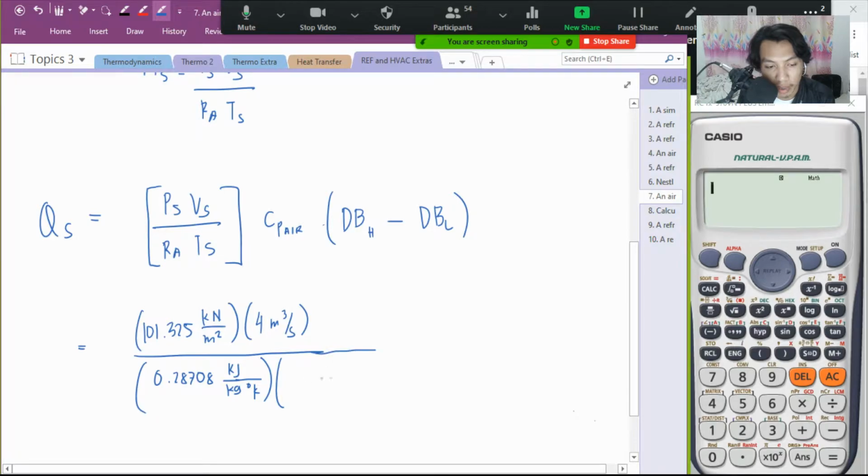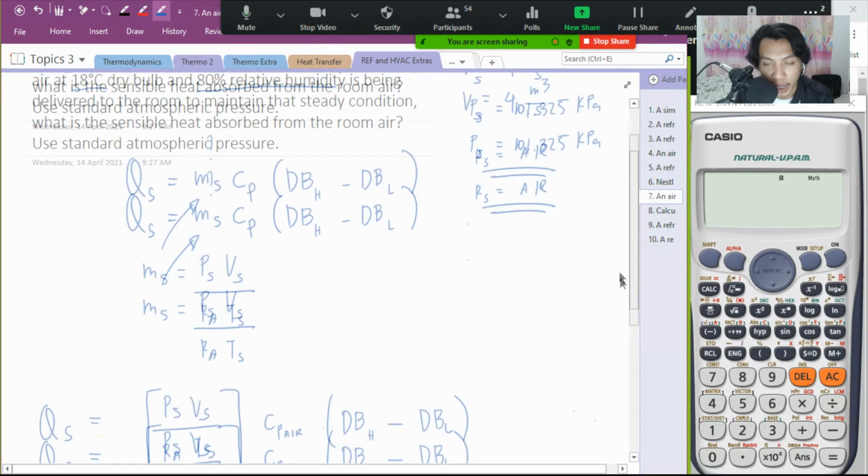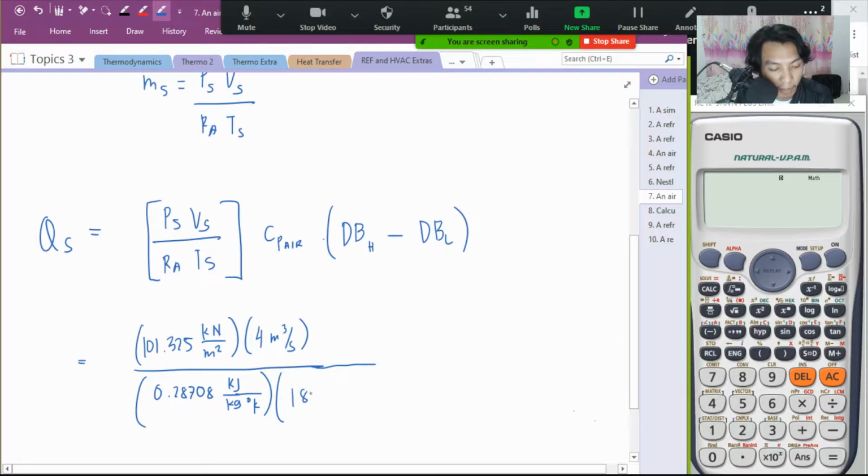Yan, the absolute ng temperature. Ano po ba yung supply mo? 18. Sinupply siya as 18 eh. 18 plus 273. O, degree Kelvin. Tapos, multiply mo na to ng buo. Okay? Multiply mo CP ng air, di 1.0062 kilojoule per kilogram degree Kelvin.